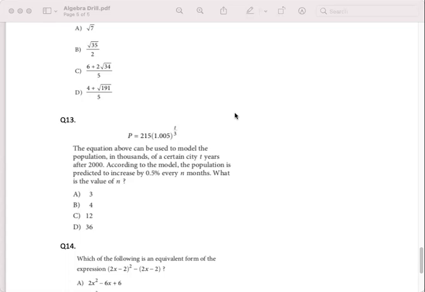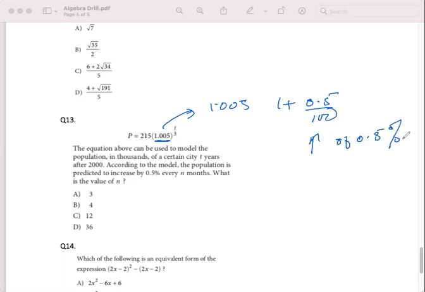How many years would it take to increase by 0.5%? So I can see that my growth factor is 1.005, which indicates 1 plus 0.5 over 100, which indicates an increase of 0.5%, right? So when will the population be 215 times 1.005? That is an increase of 0.5%.